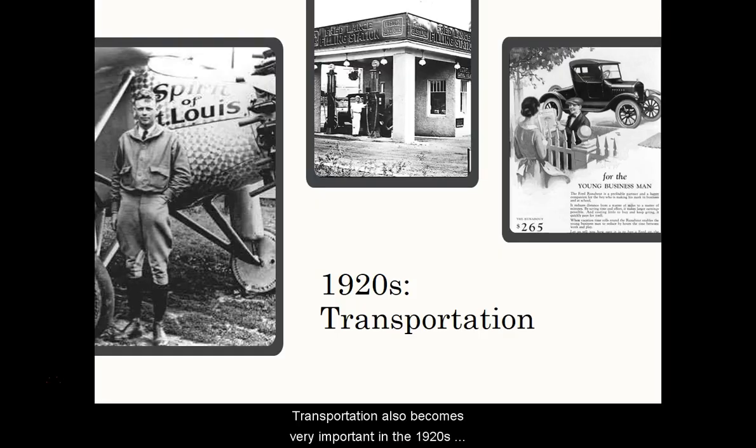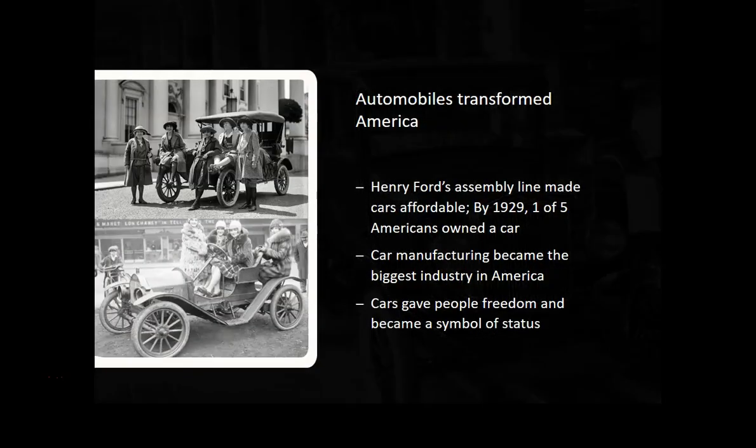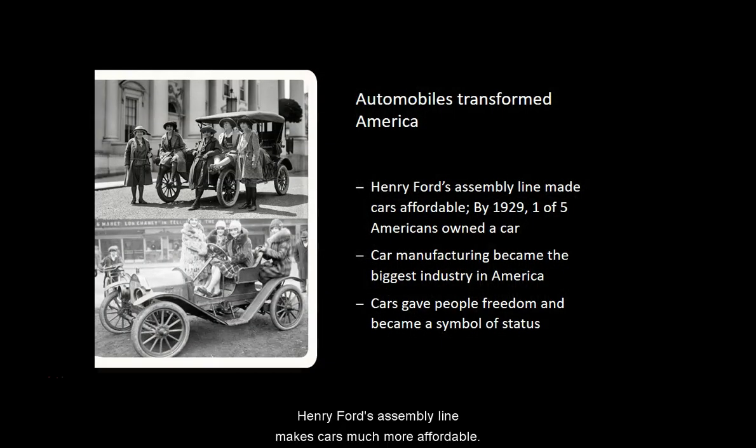Transportation also becomes very important in the 1920s because while we had cars before World War I, they become much cheaper and much more affordable in the 1920s because of mass production techniques. Henry Ford's assembly line makes cars much more affordable, and we're going from $500 and something for a car to $200 and something per car.